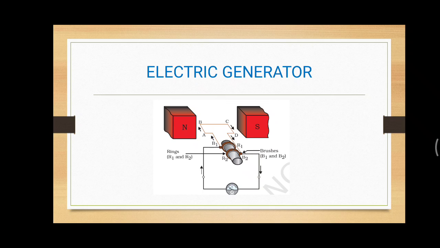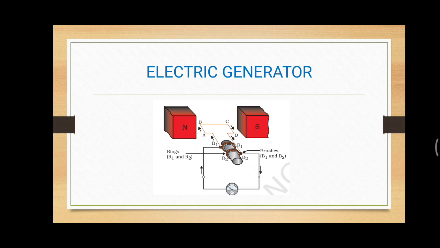Now you can see the various parts of the electric generator in the picture. Similar to the electric motor, a permanent magnet is there, and a coil, and here this generator is actually an AC generator.